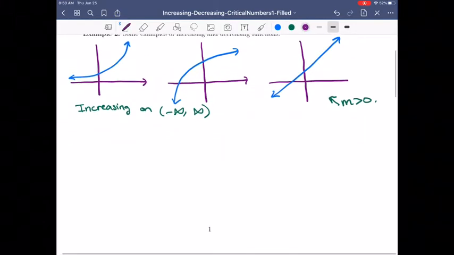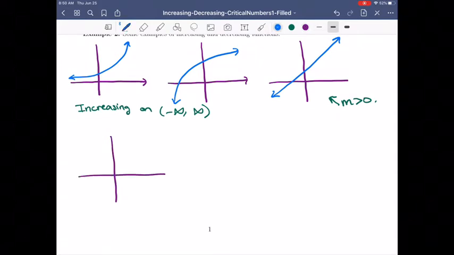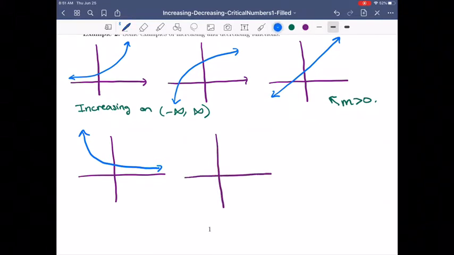Now for decreasing, you can have similar shapes. Maybe I have an exponential with a value between 0 and 1. That would be decreasing on the entire interval. Or I could have a shape like that, which is also decreasing.